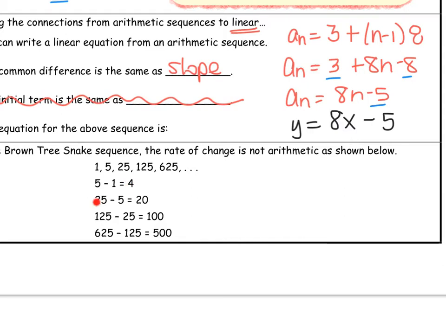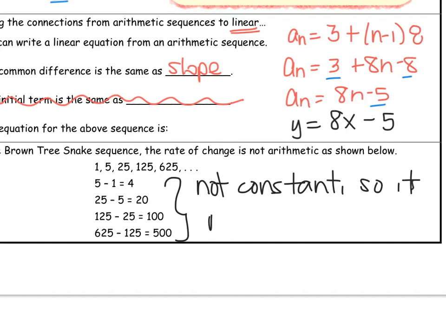If we continue to do that, we get 25 minus 5 is 20, 125 minus 25 is 100, 625 minus 125 is 500. So this is not a constant rate of change. For these, it's not constant. So therefore, it's not arithmetic.